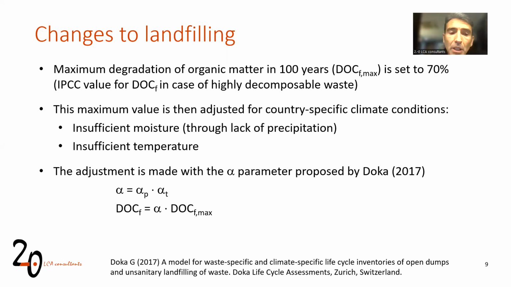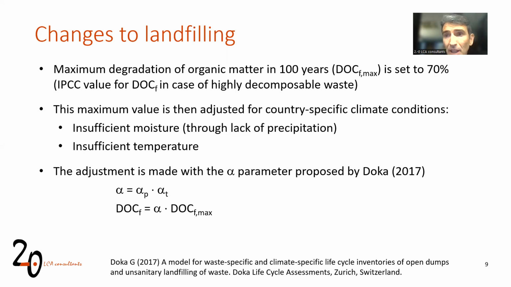The adjustment is made with the alpha parameter proposed by Gabor Doka in his latest models for landfilling developed for ecoinvent. So this alpha parameter takes a value of between 0 and 1 and is calculated as the product of two parameters called alpha P and alpha T. Alpha P is related to precipitation, alpha T is related to temperature.